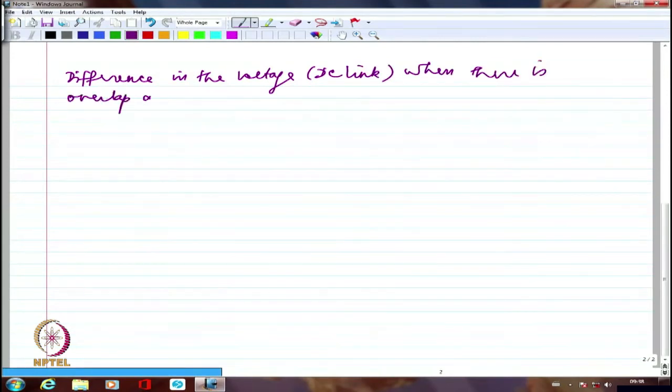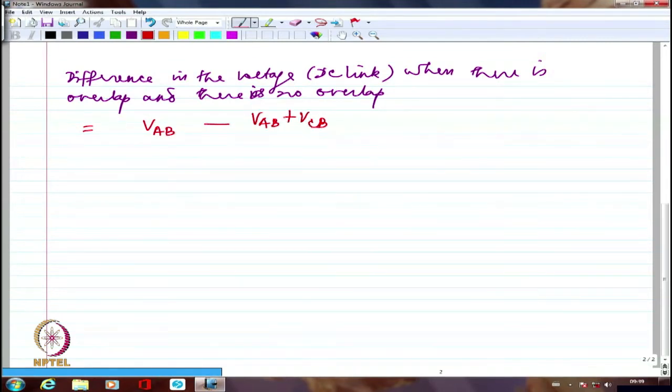When there is no overlap, it was VAB. When there is overlap, we said it is VAB plus VCB by 2. This is the difference. So we wrote the difference between these two as the overall difference that comes up in the DC link voltage for the interval between alpha and alpha plus mu.